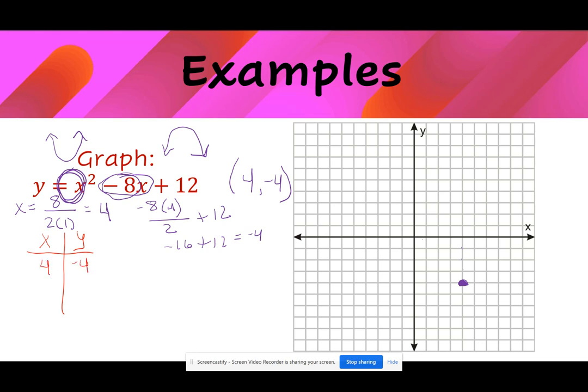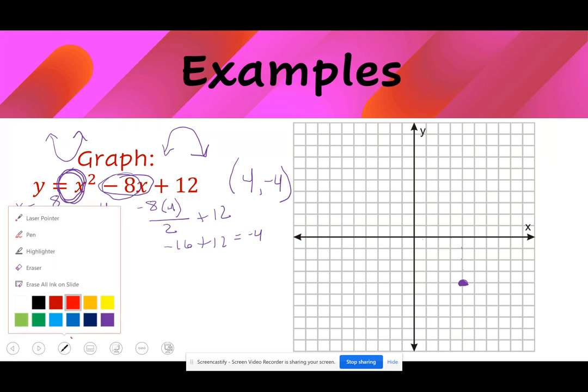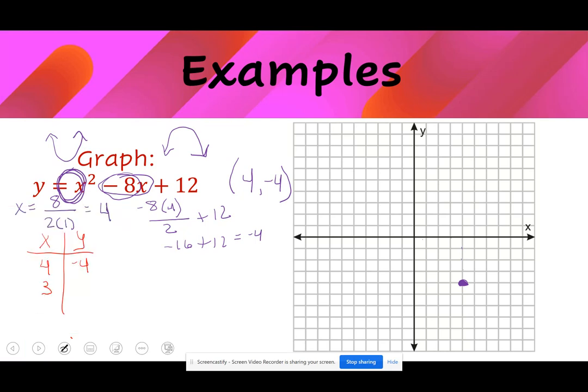So now I'm going to choose 3, and I'll plug it back in. I already used purple. Let's use green. So we have y equals 3 squared minus 8 times 3 plus 12. So we get 9 minus 24 plus 12.